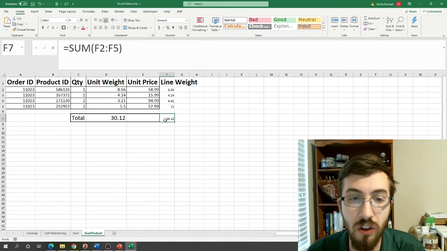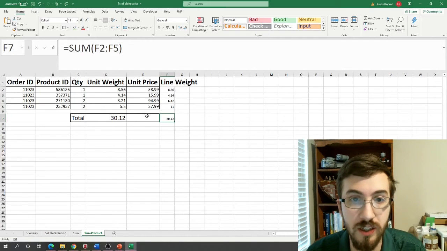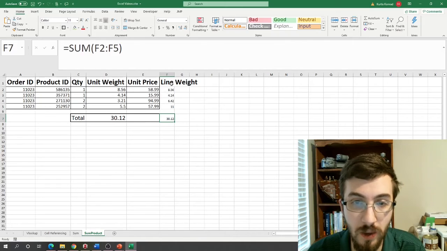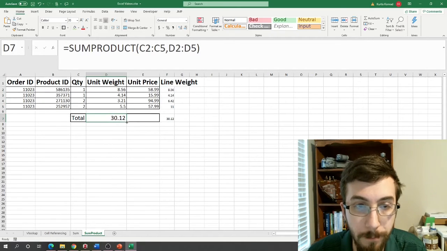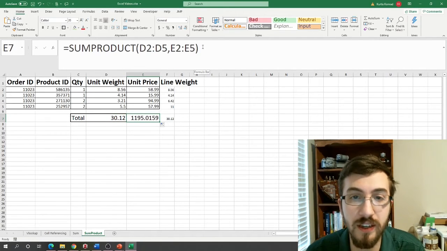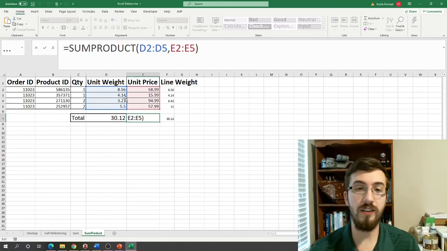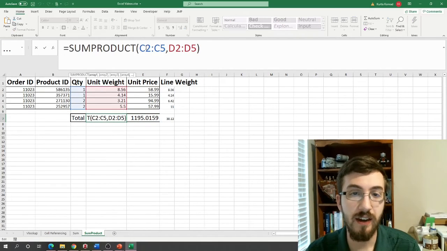Now we logically want to do that for the unit price as well. So let's try just copying it over. But if we look here, oh no, we didn't use our cell referencing correctly. So let's go back, and this is interesting.